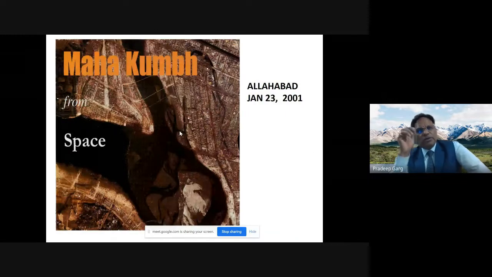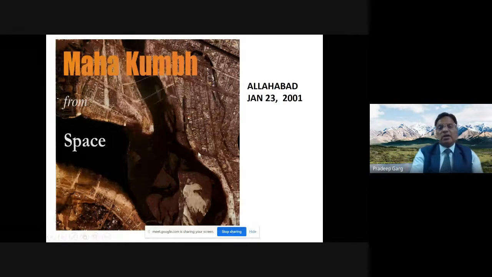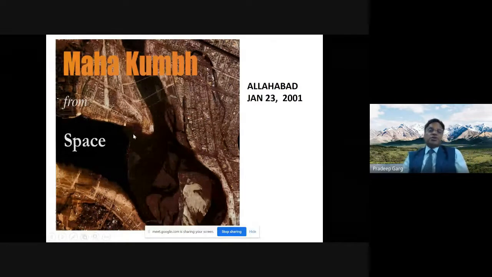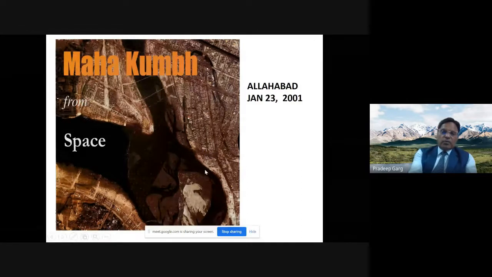Administration also is using this high resolution satellite data. In Allahabad, when the Mahakumbh took place for the first time in 2001, this high resolution satellite data was used, this is the Sangam area in Allahabad, by the administration to plan where the camping sites would be, the parking area, where to construct the temporary bridge, the movement of vehicles, and how the Shahi Snan will move.